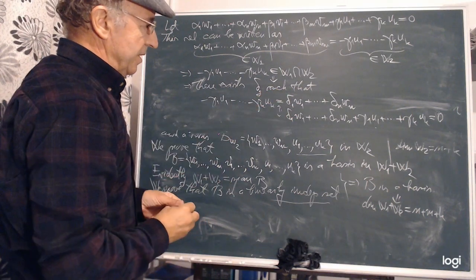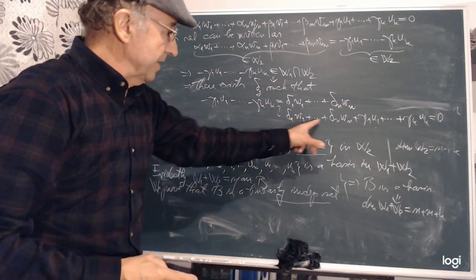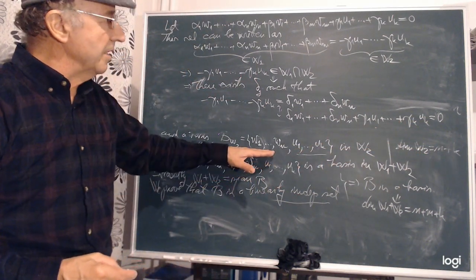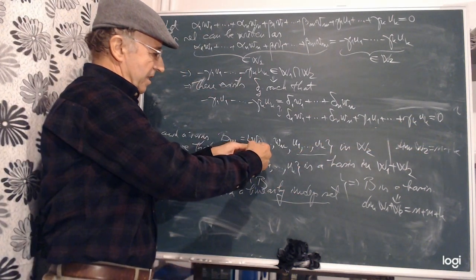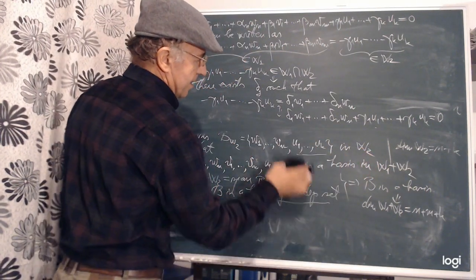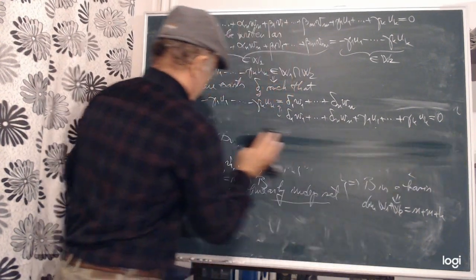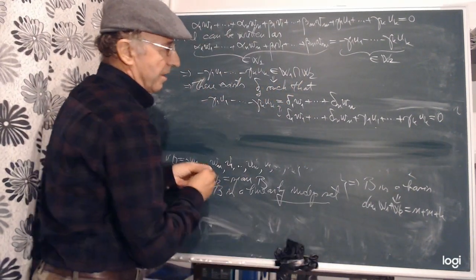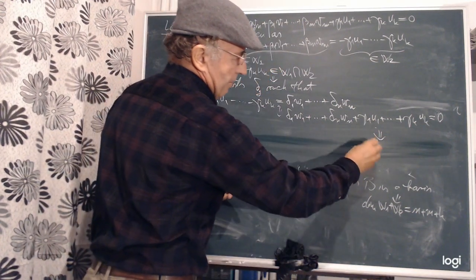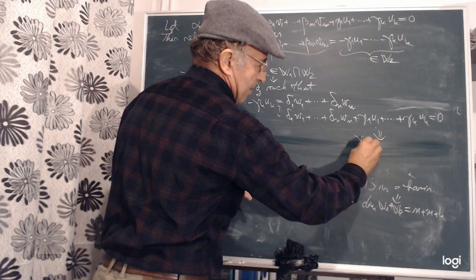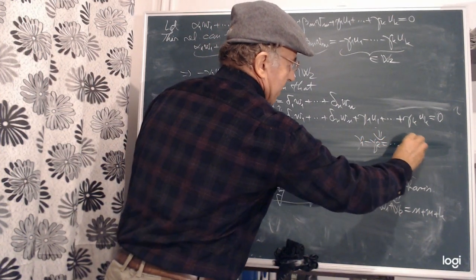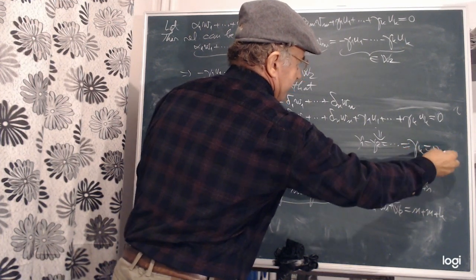The vectors from this relation are exactly the vectors of a basis from W2. So they are linearly independent and all these coefficients must be 0. Particularly for us, it is important that gamma 1 equals gamma 2 equals so on equals gamma k are 0.